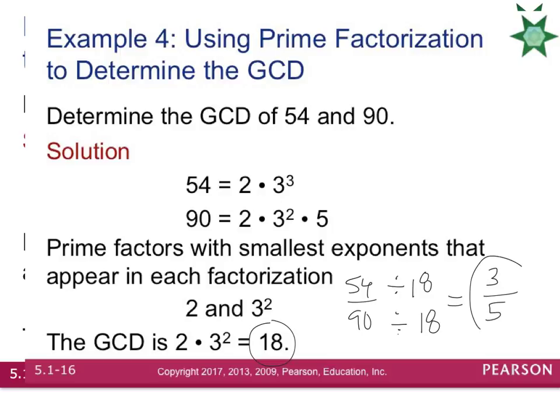Okay, and that would be our simplified fraction. So one place we use the greatest common divisor is to simplify a fraction. We're looking for the biggest number that divides into both of these. Okay, and that would be 2 times 3 squared, or 18.